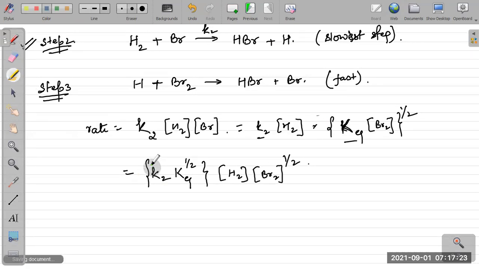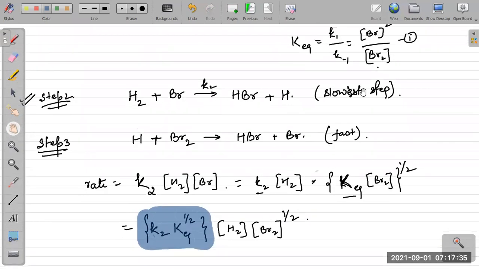This is our rate constant combined or net rate constant. Okay. This rate constant is going to be different from the observed rate constant of step 2 or expected rate constant of step 2.